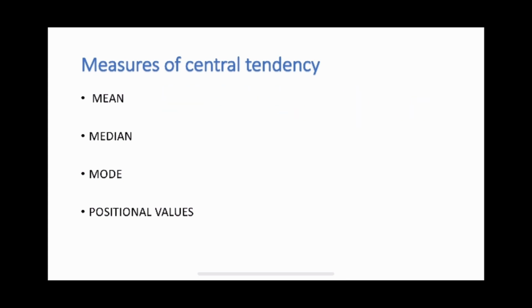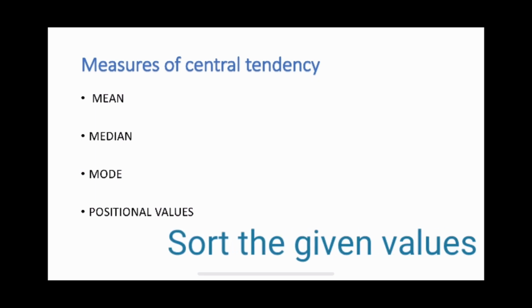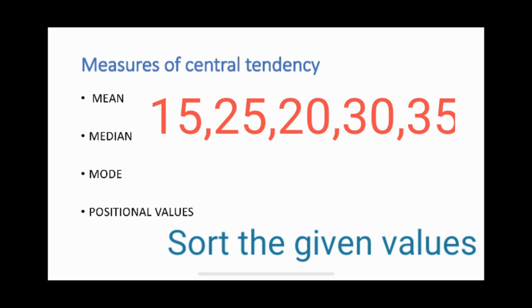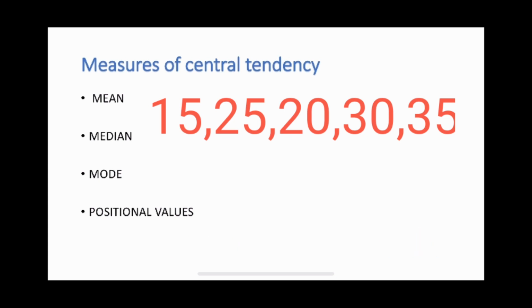Now let's try to understand what the median is. The median divides the set of values into two equal parts. But again, there are rules for the median. Initially, we need to sort the given values to obtain the median. Let's take an example: 15, 25, 20, 30 and 35.